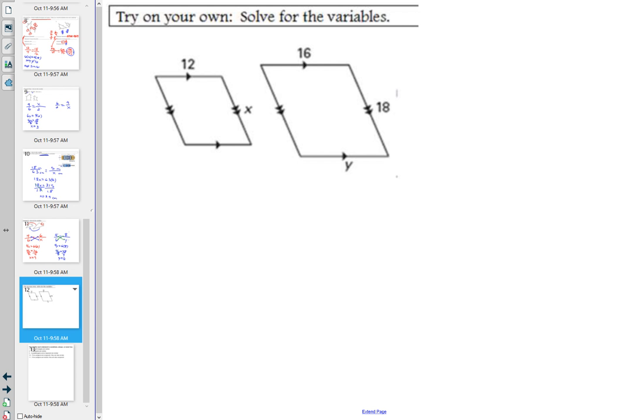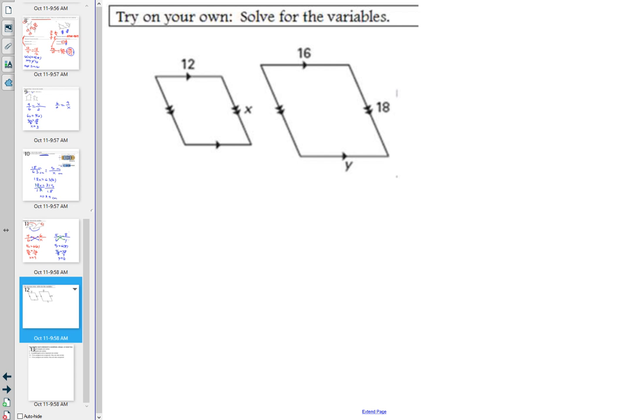All right, Hattie, give me X. That sounds all right, I'll take your word for it.